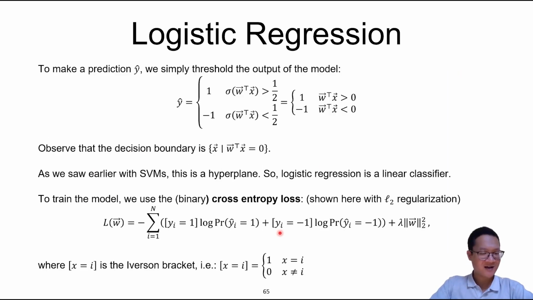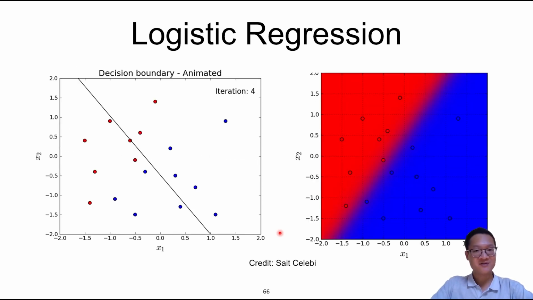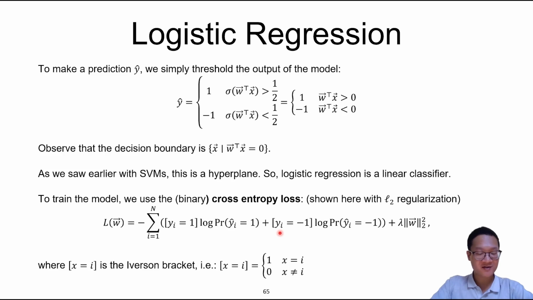We're not going to analyze logistic regression in as much detail as we did for SVM, but we can look at some results. To optimize this loss function, we will use gradient-based methods such as gradient descent.